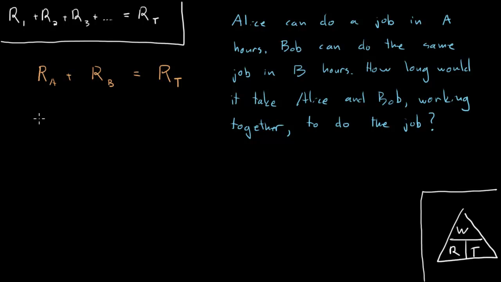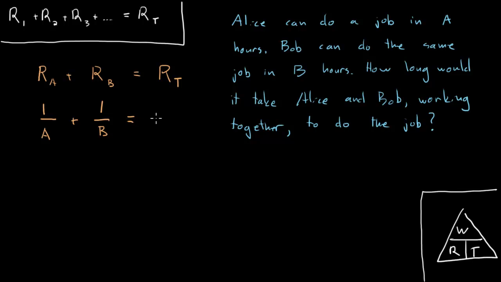And we know how long it takes. We're told that she takes A hours, that's our time. But how much work does she do in those A hours? Well, here I just say Alice can do a job, so one job. So the work she does in A hours is one job in A hours. Similarly, Bob's rate is one job in B hours.